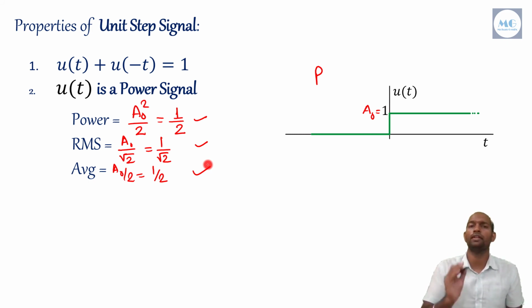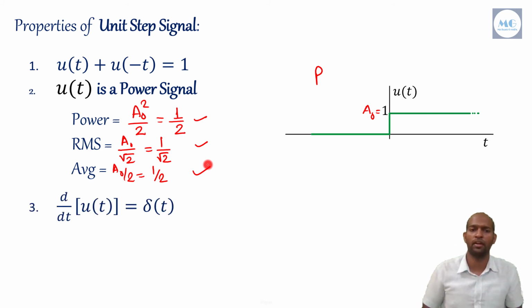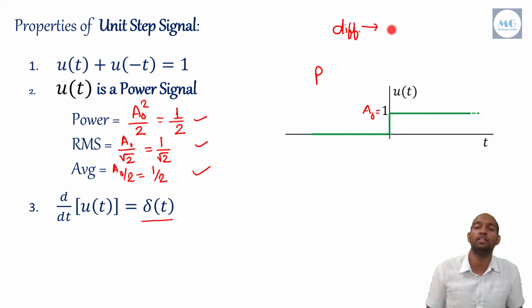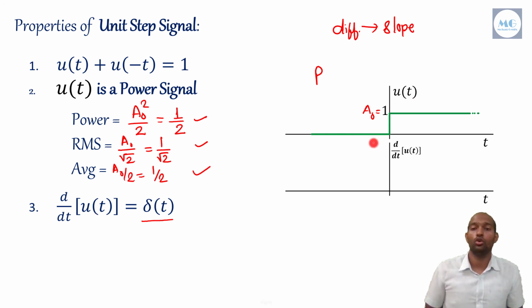So let's move into our third and very important property, that the differentiation of unit step, that is d by dt of u of t, is the impulse signal. How it will come, I will explain to you. What is differentiation? As we know, differentiation means slope. So differentiation of u of t means slope of u of t. You know that the slope of any constant signal or constant part is 0.